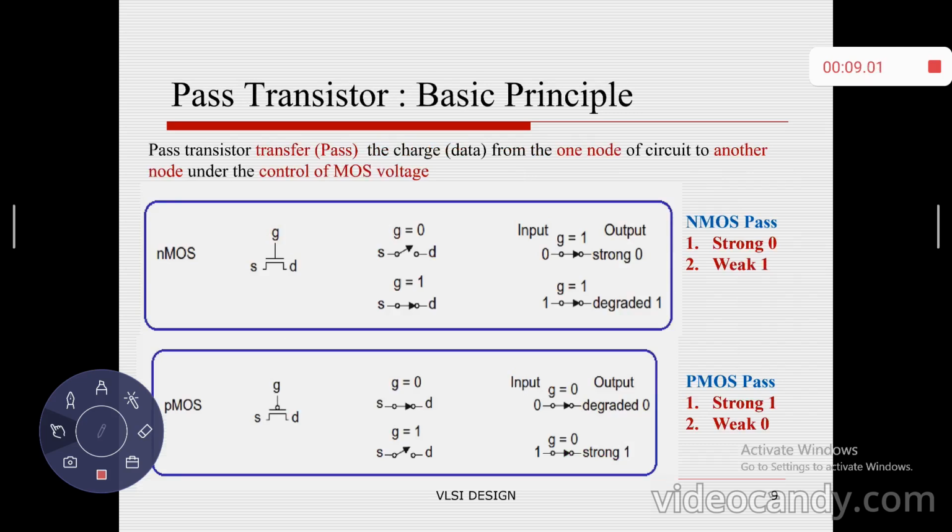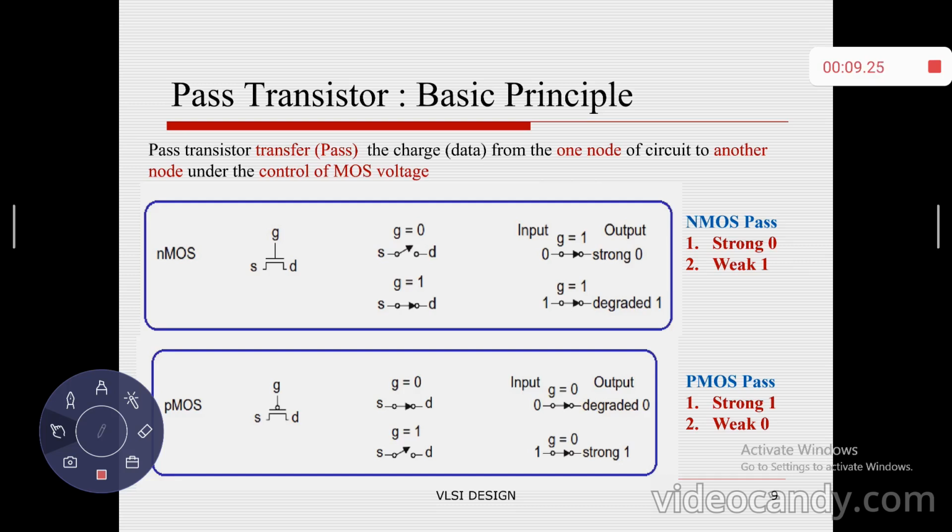This is the simple difference between NMOS and PMOS pass transistor logic. For the NMOS transistor, G is the control signal. Hope you remember, the NMOS transistor is on when the control signal equals 1. If it is 0, the circuit is open. When the gate terminal equals 1, a closed path forms from source to drain.